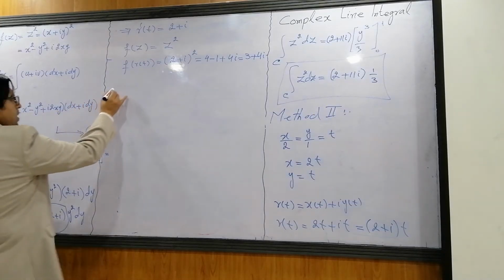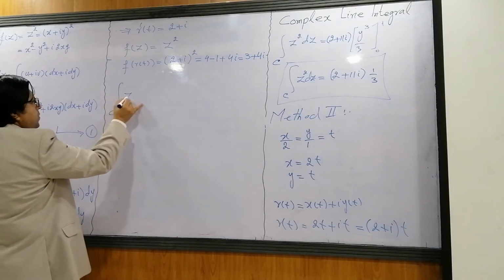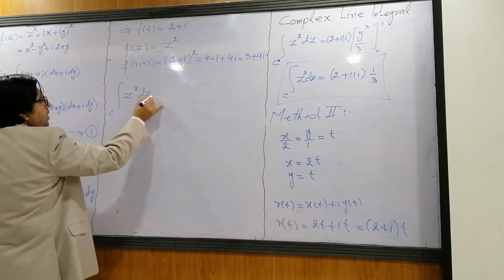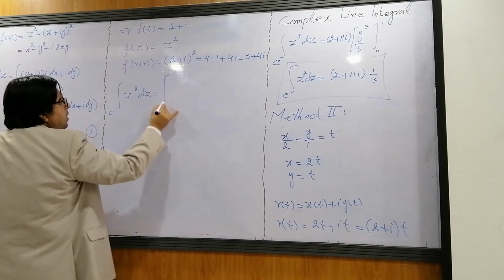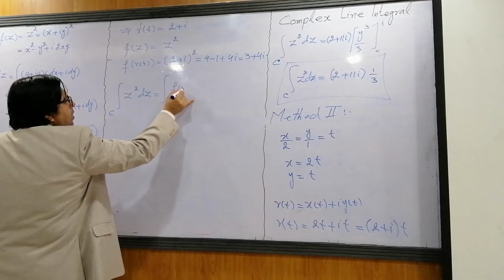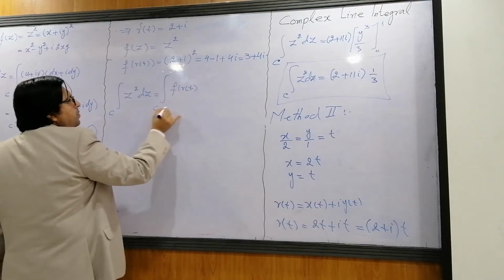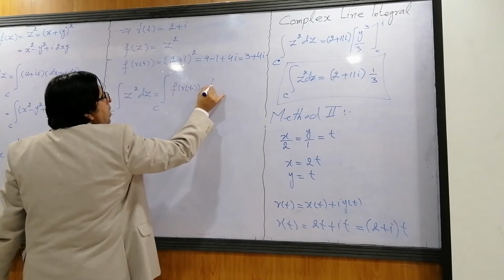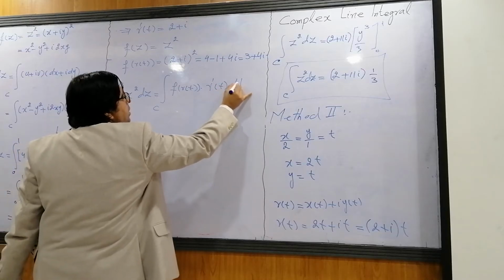Now you can see the integration of z² dz can be written as the integral of f(r(t)) r'(t) dt.